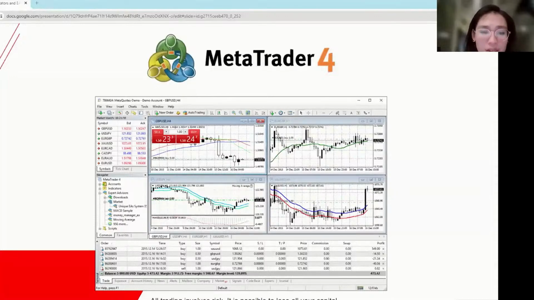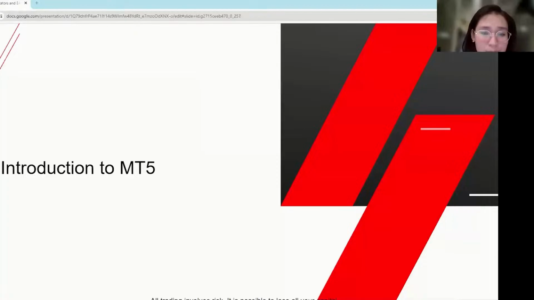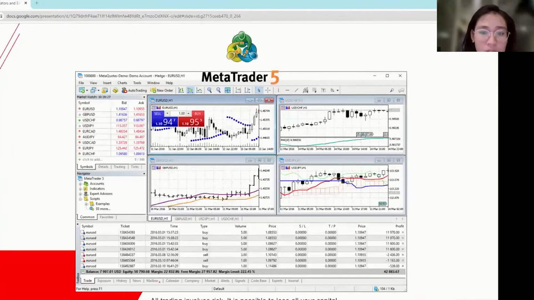Now if we look at MT5, MT5 was released a couple years after MT4 in 2010, and it was designed to offer enhanced trading capabilities and broader market access. While maintaining many of the features that made MT4 popular, MT5 introduced several improvements and new functionalities, such as multi-asset trading.